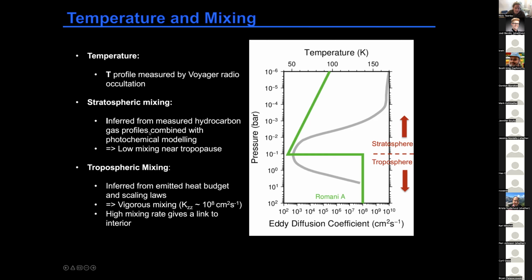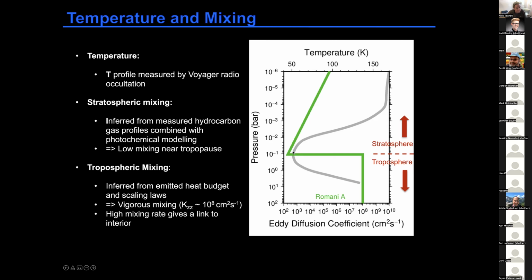In the stratosphere, hydrocarbons, things like ethane for example, have been measured, and there are profiles of those. We can reproduce those in photochemical models. And what those models show is that you need a very low mixing near the tropopause somewhere.